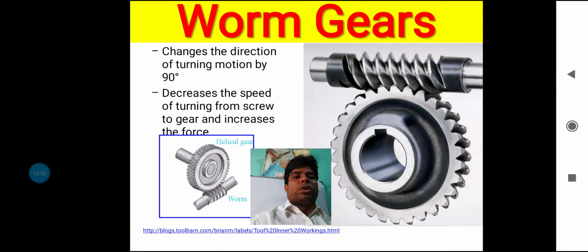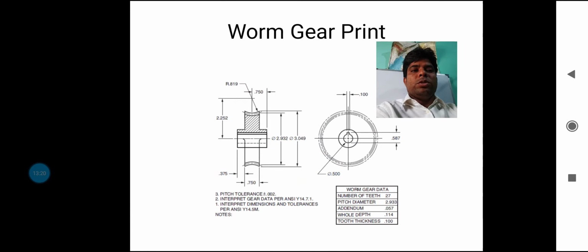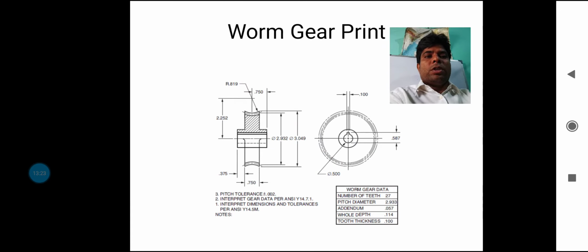The lower portion of the gear is straight, but the upper portion, the wheel portion, the worm portion, has some inclined plane. That is why this type of gear decreases the speed of turning from screw to gear and increases the force. That is the graphical view of the worm gear.